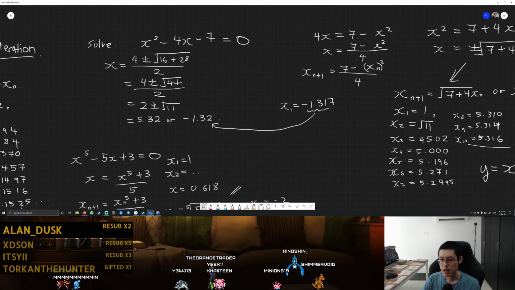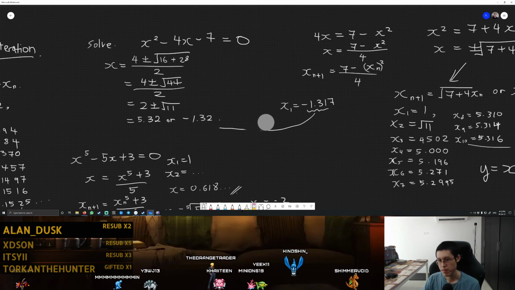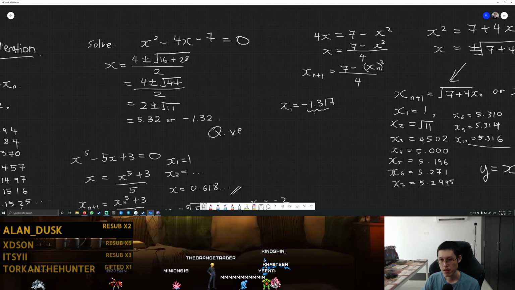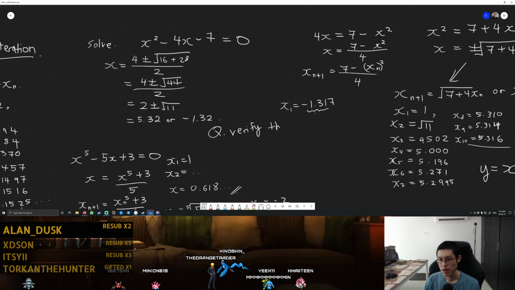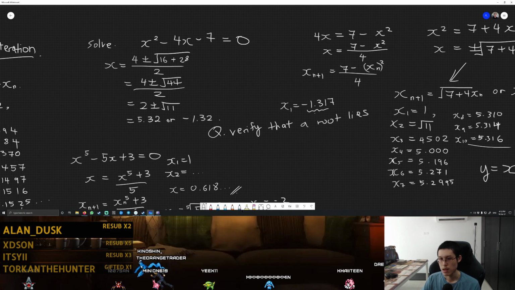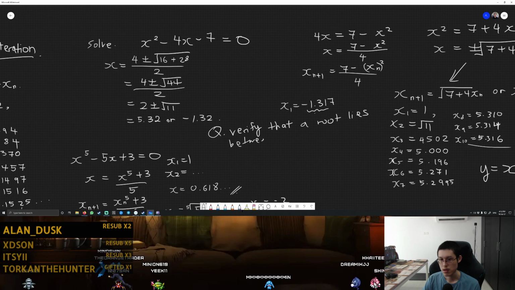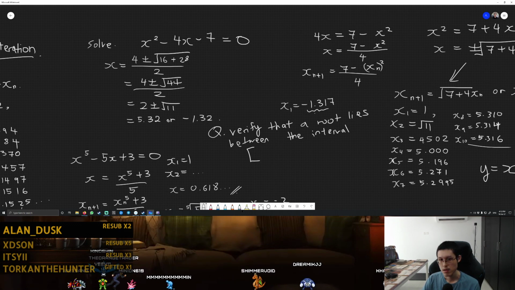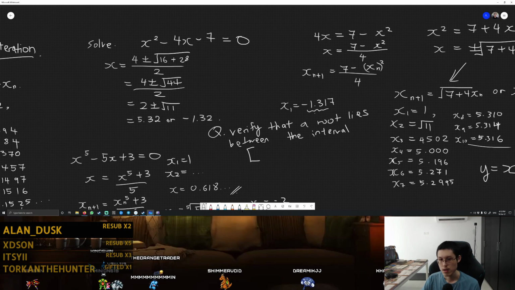So let's say in the exam, they give you this, the question goes like, verify that a root lies between the interval [4, 6].